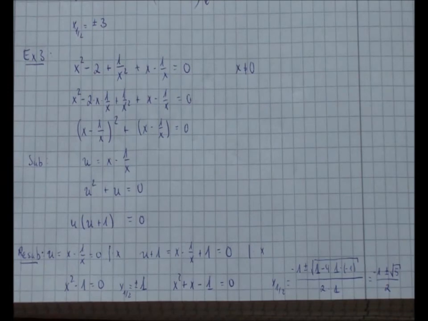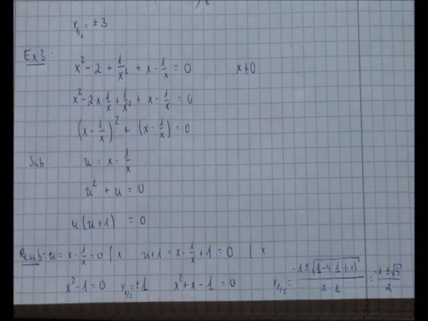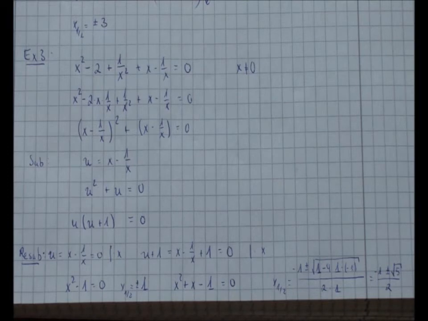So what you see here is that sometimes when you have expressions of roots, try to remember substitution. When you see higher powers that are still multiples of each other, for example if you have 6 and 3, if you substitute x to the 3 as u, then x to the 6 would give you u squared.